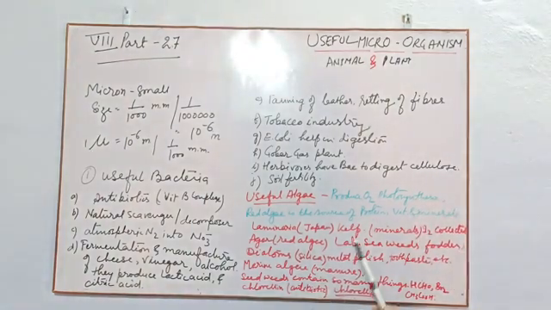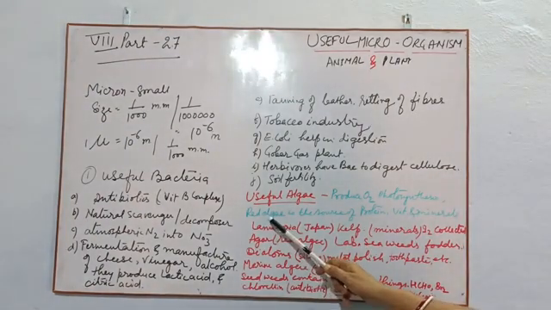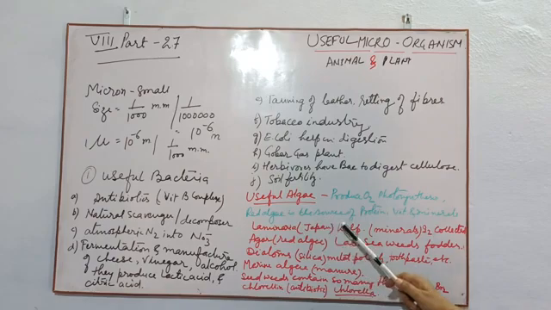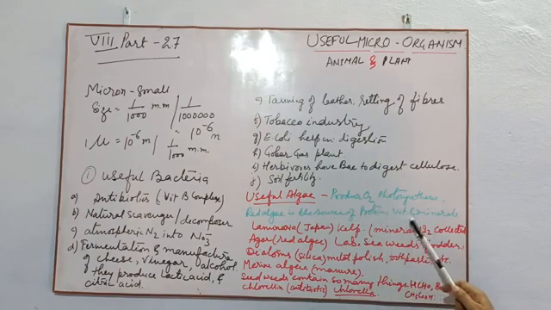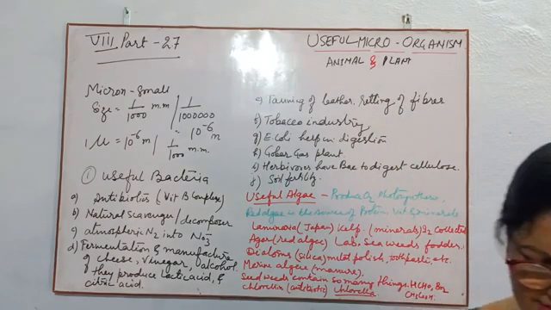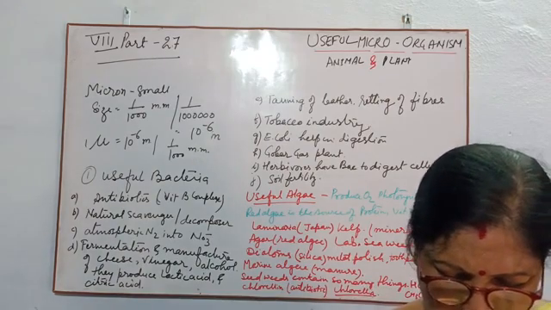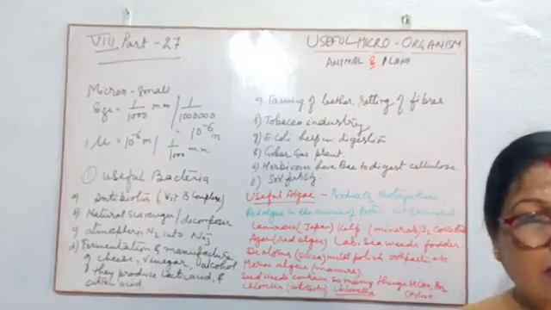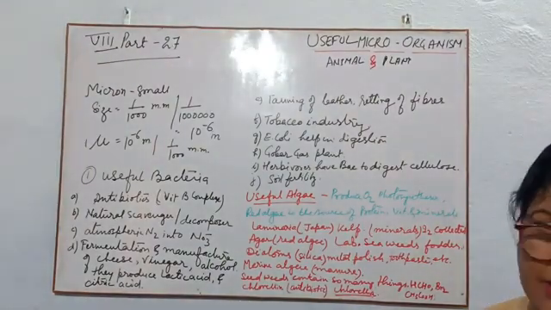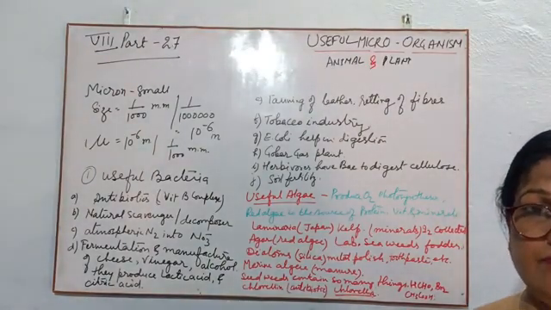Next one, red algae is the source of protein, vitamin and mineral. Red algae, you can see the name agar. It is always used in food.